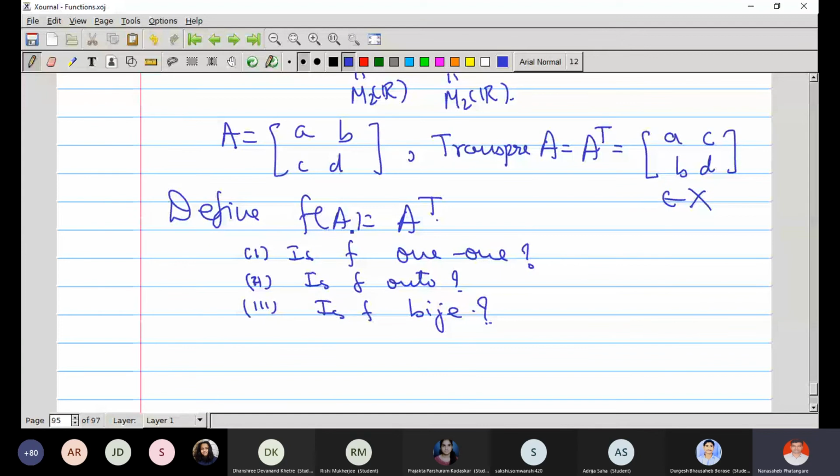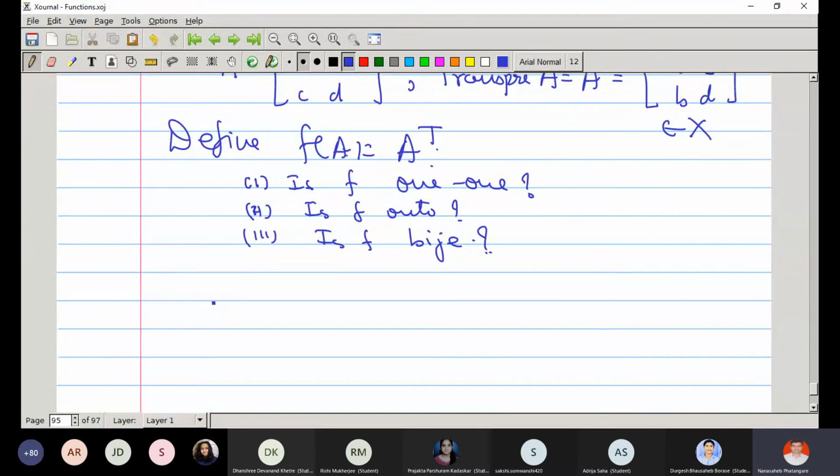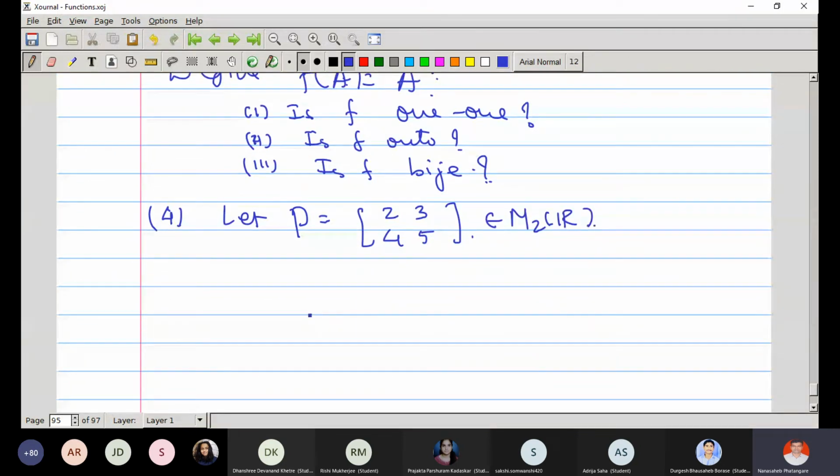We are applying the function on A and you should get a matrix. We are going to multiply with whom? With which matrix? Okay. Choose some matrix P. Choose some matrix P and then define. So this matrix is fixed.